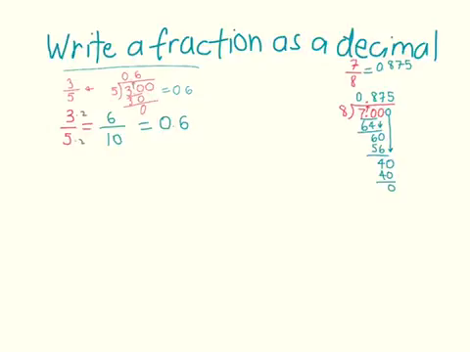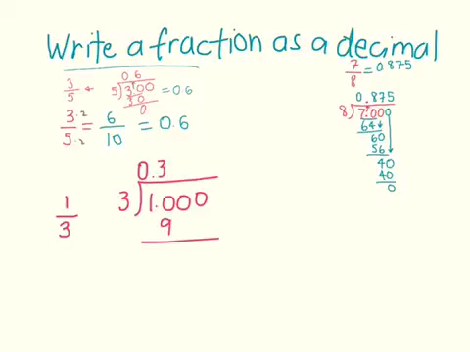Now sometimes you will have repeating decimals, such as the case of 1/3. If we divide 3 into 1, and again adding zeros as we need them, move your decimal point into the quotient. 3 into 1 goes 0 times, but into 10 it goes 3 times. 3 times 3 is 9, remainder of 1, bring down the 0, and we very quickly see that each time the process repeats.